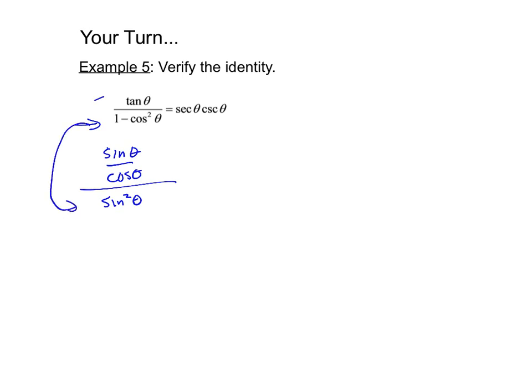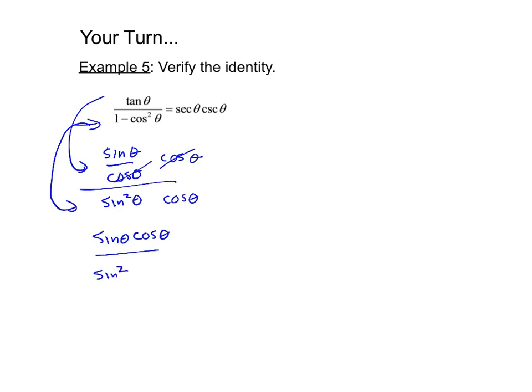So that's going here, that's going there. So now, to get rid of the fraction within a fraction, I'm going to multiply both the top and bottom by cosine. So that's going to cancel out.